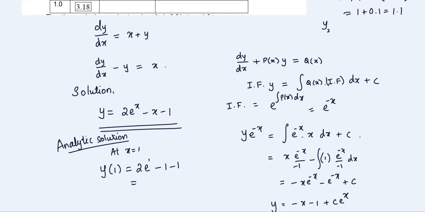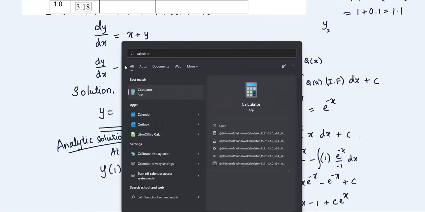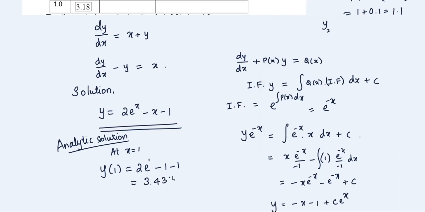So 2 into e, let's take the calculator. Two times e minus 2 gives 3.43656. We'll truncate at 3 decimals. So 3.437.